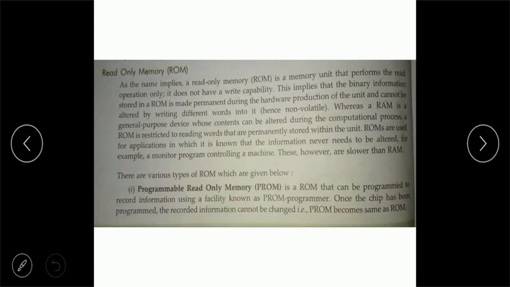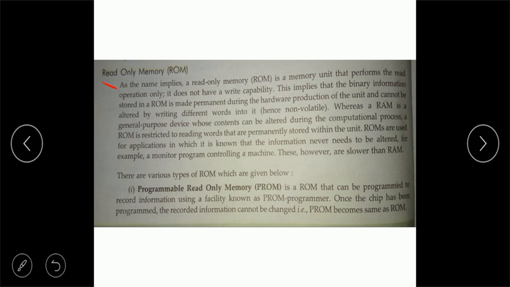Read only memory. Now after RAM, ROM. Let us talk about ROM. Read only memory. So ROM is a non-volatile memory. As the name implies, a read-only memory is a memory unit that performs the read operation only. Read operation only means you can only read the data from this memory. You cannot have the permission of writing or copying or deleting.